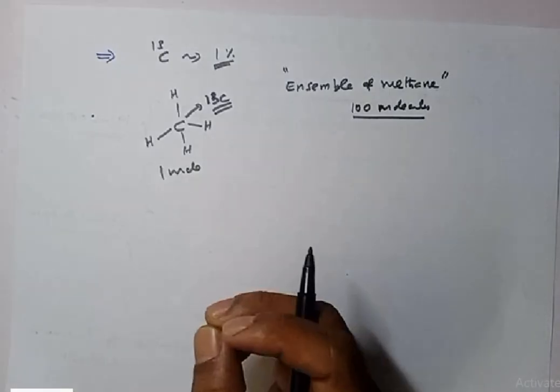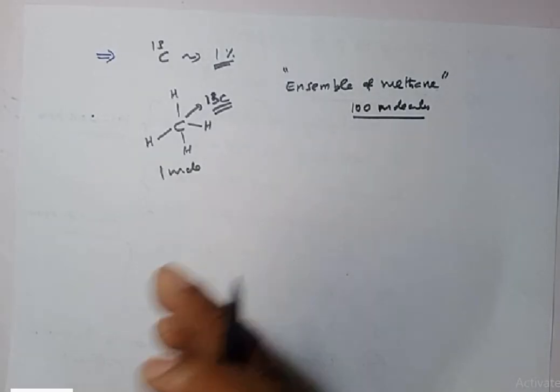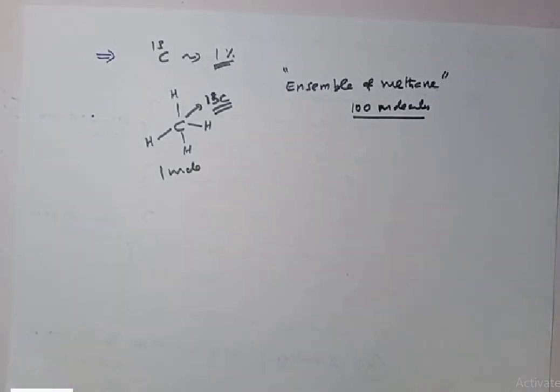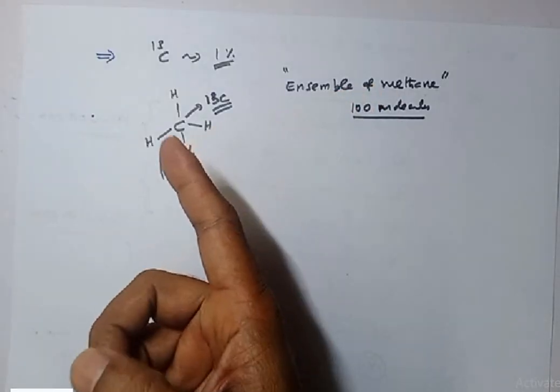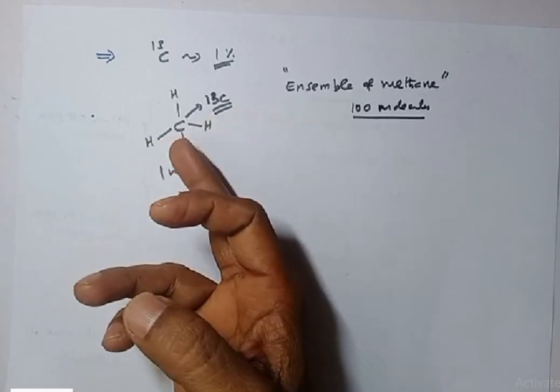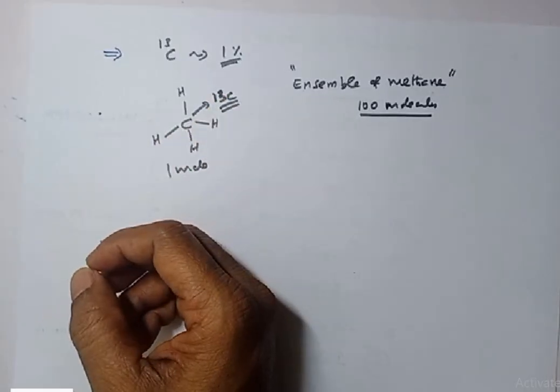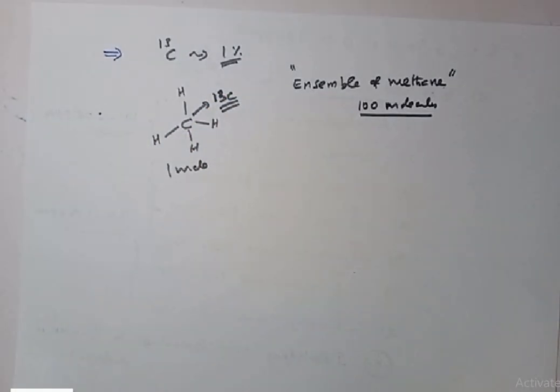C13 NMR usually requires a huge time to take the spectrum compared to proton NMR. The reason is that one out of 100 molecules may contain a C13 nucleus. Only that molecule is active.